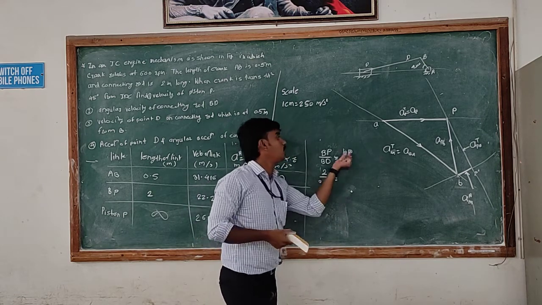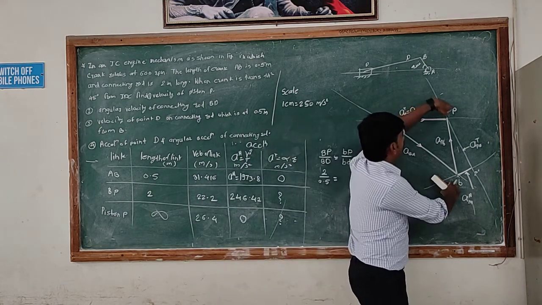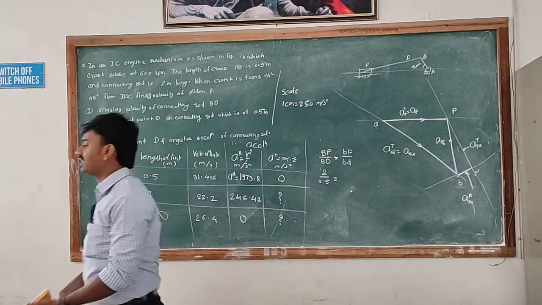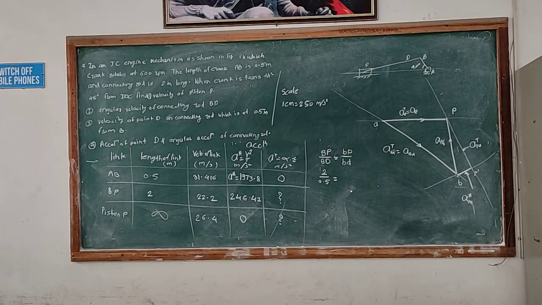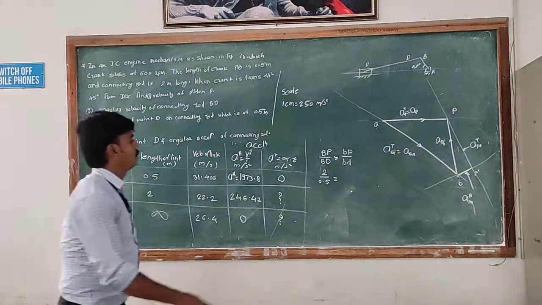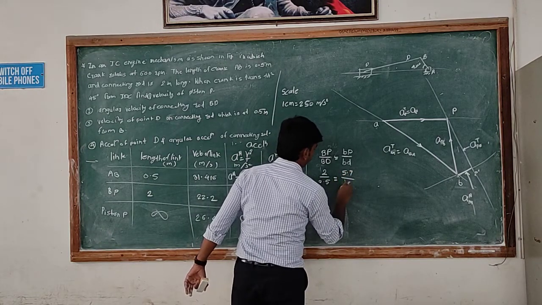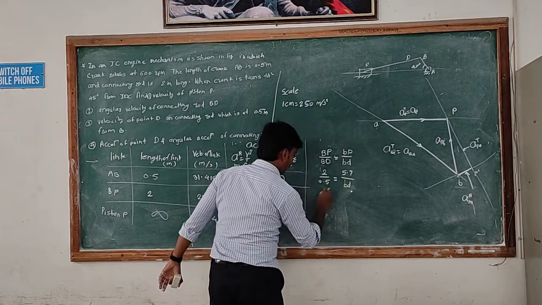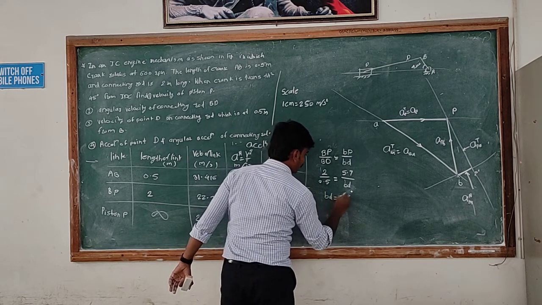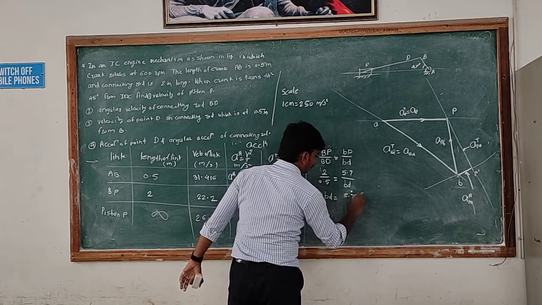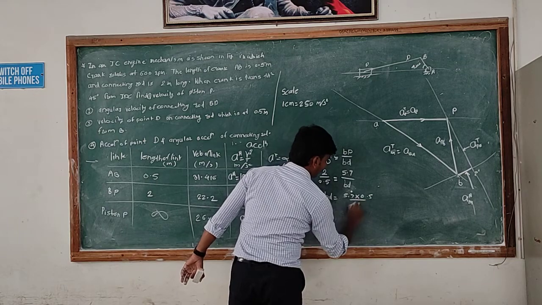Measure this vector BP. If we measure this vector BP, its value becomes 5.7 centimeter. Convert this, so BD is equal to 5.7 into 0.5 divided by 2.